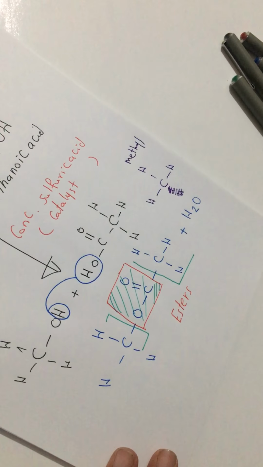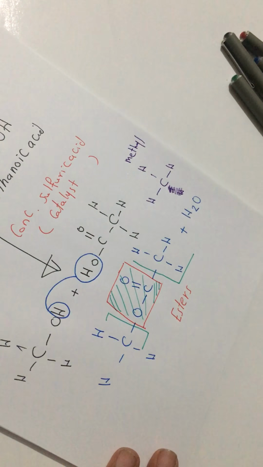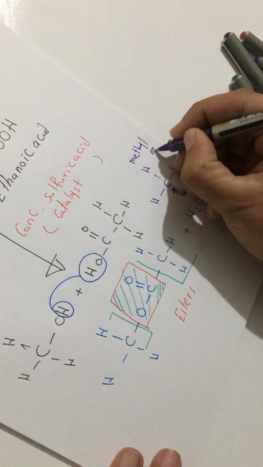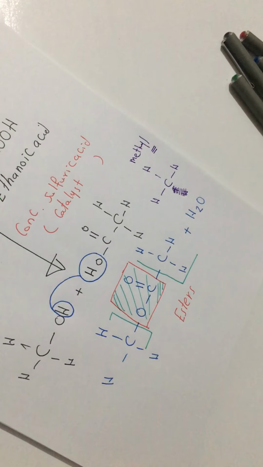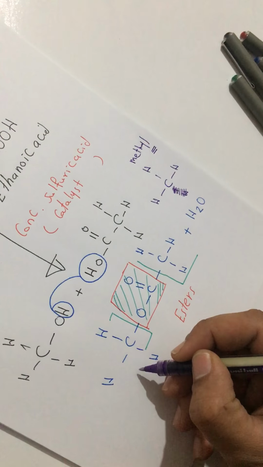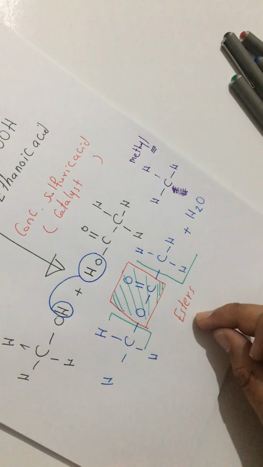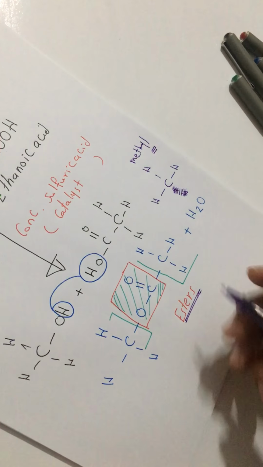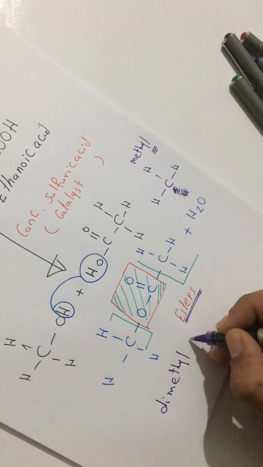So whenever you have an alkane that has lost 1 hydrogen, we add the suffix "-yl". So we have here a methyl group, and another methyl group, and in between there is an ester linkage. So we can call this compound dimethyl ester.